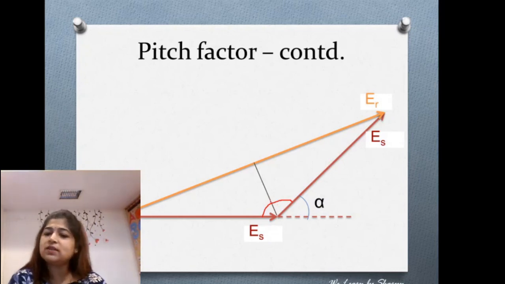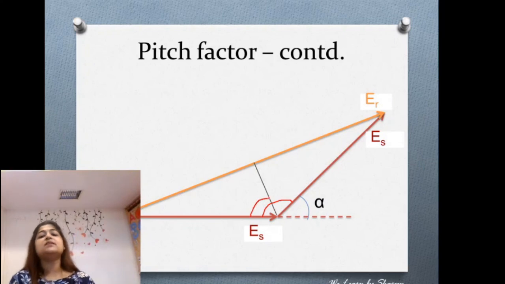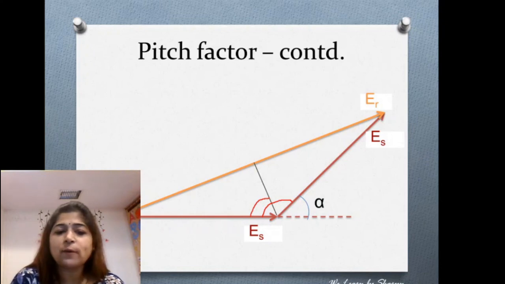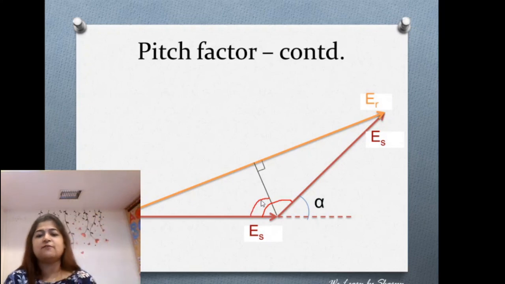And if this is 180 degree minus alpha and this line is bisecting this angle, then the angle it gives is 90 minus alpha by 2. So this is alpha, this is 180 minus alpha, and this is 90 minus alpha by 2.